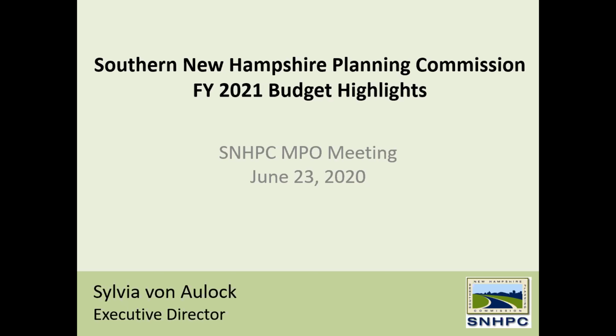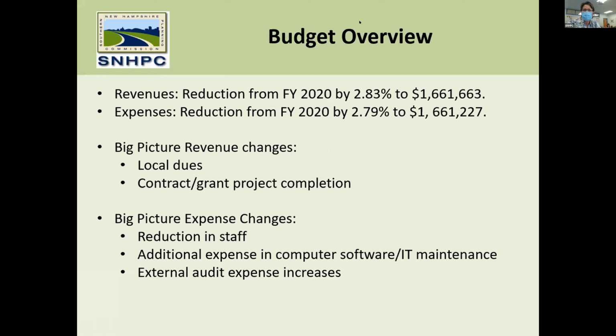The big overview is that our revenues have a slight reduction of 2.8% from fiscal year 2020, and also a reduction in expenses of 2.79%. On the big picture revenue changes, we'll be talking about the local dues and the recommendation made first by the Budget Committee and then the Executive Committee to hold them level.